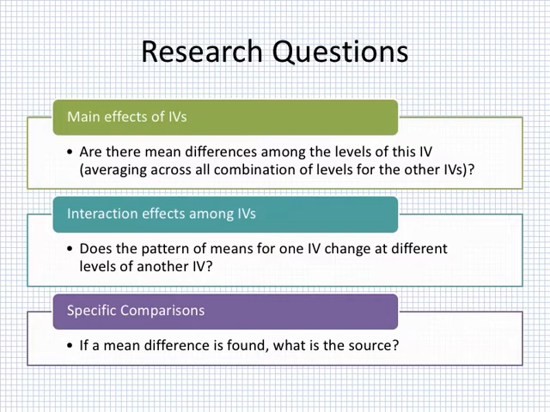So this is a moderation effect. I'll give you more examples and we'll talk about them later on. And then the last question is, if there is an interaction, what are the specifics of the interaction? If a mean difference is found, what is the source of it, and how do the two variables interact?